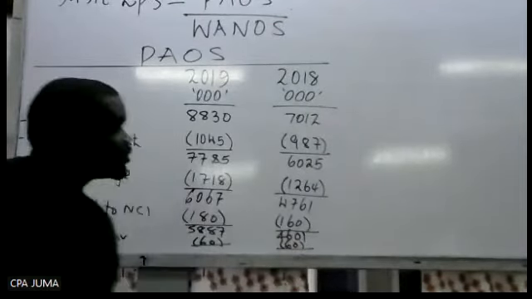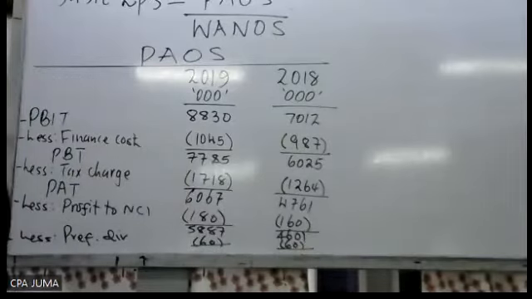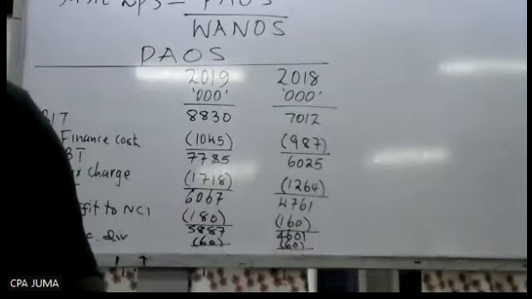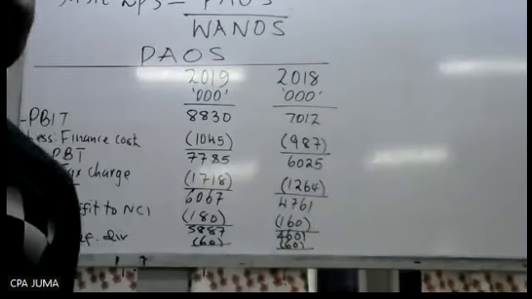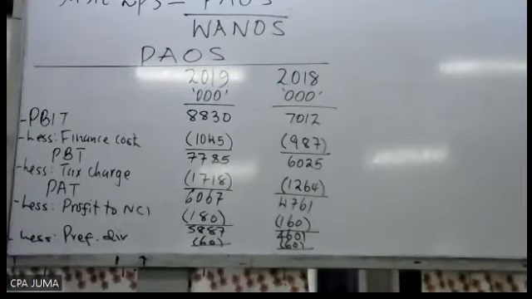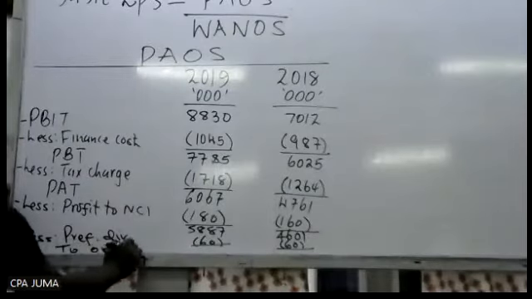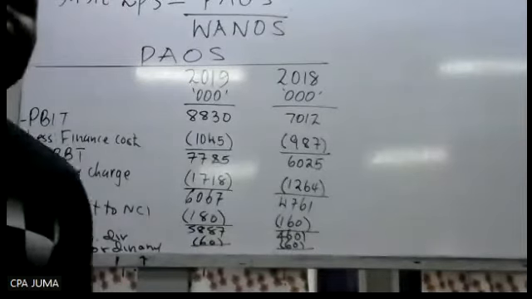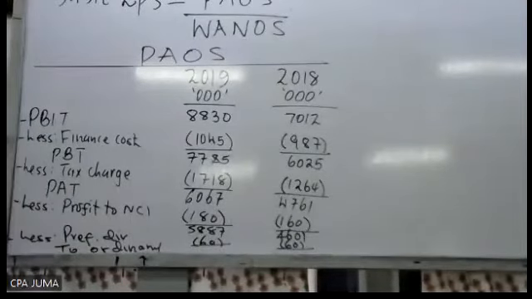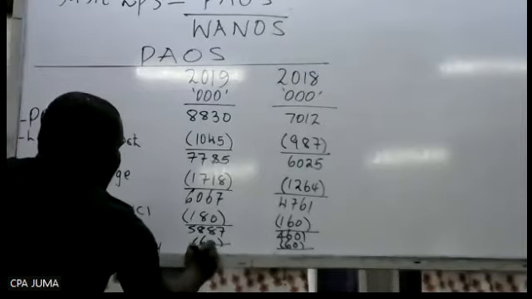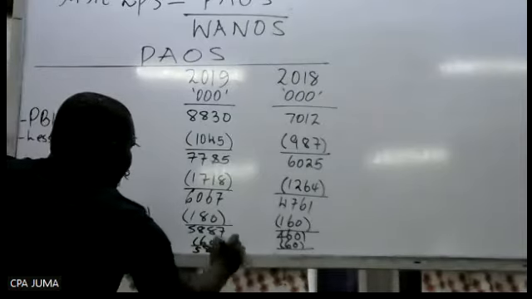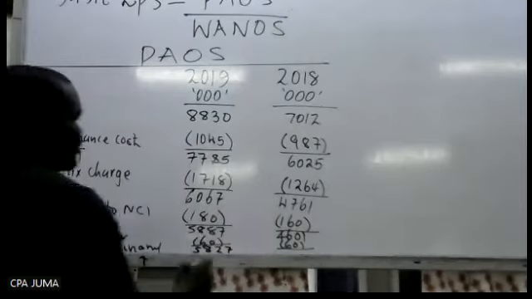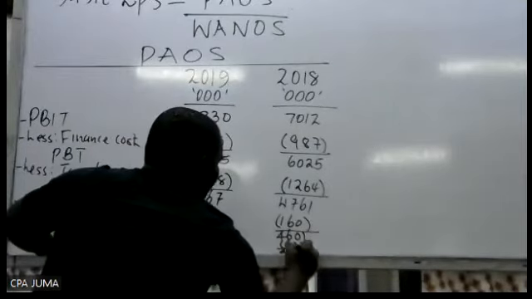What you get is profit attributable to ordinary shareholders. You don't subtract ordinary dividends, whatever remains: 5827, 4541.